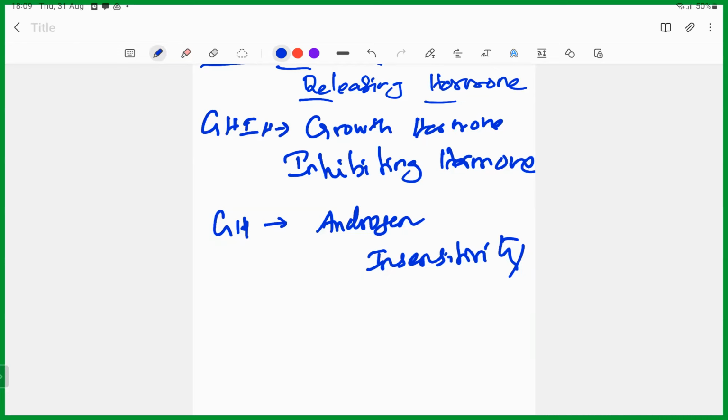So, if androgen sex hormones are not received properly, they will develop into what? Female. A lot of female characteristics are there. So, if there is a change or imbalance in a hormone, especially a sex hormone, there is a change in the sexual characteristics.